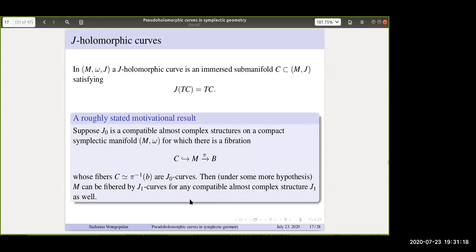Okay, so this is a very special situation: the manifold can be fibered by J0 holomorphic curves. If you can do that, under some hypothesis you can also do it for any other almost complex structure. The proof involves a lot of machinery, and that's why I don't get into stating all the hypotheses here.